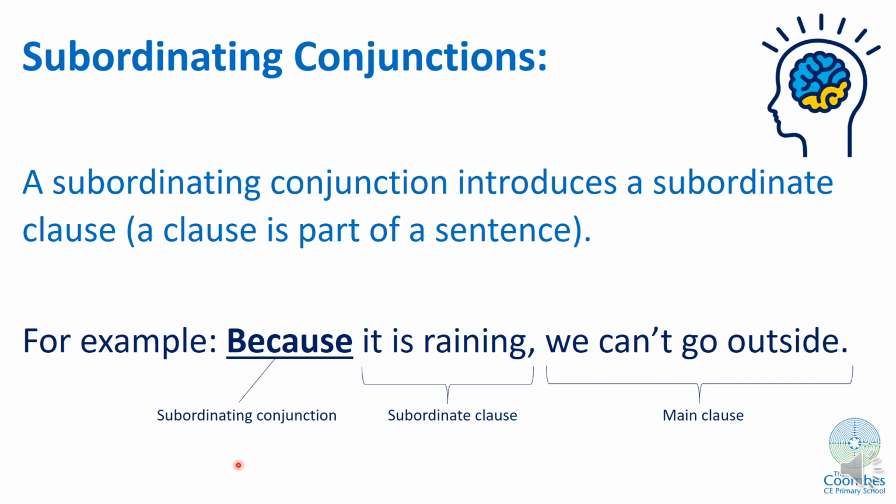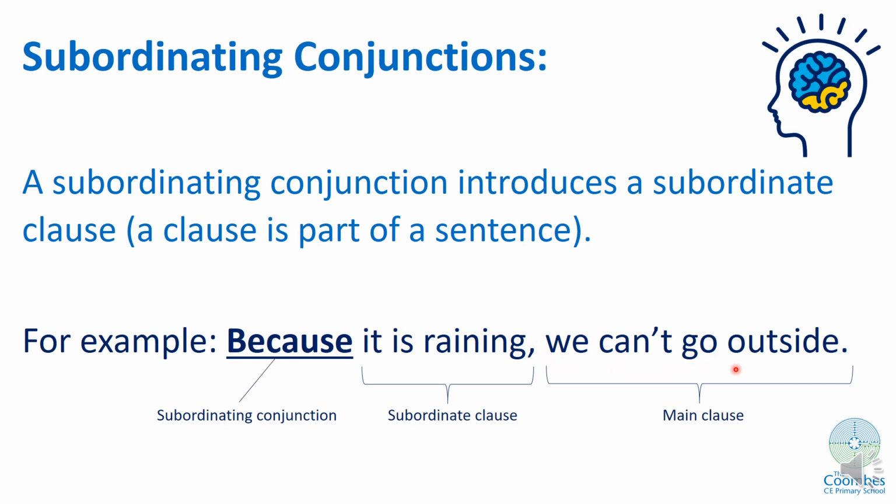I've got a sentence here that reads, because it is raining, we can't go outside. Now, this sentence is made up of 2 clauses. A main clause, which gives us the main piece of information in our sentence, and can also stand alone as a sentence.